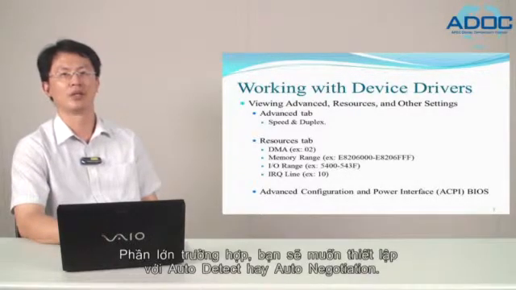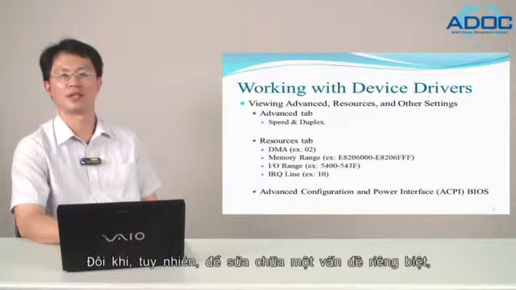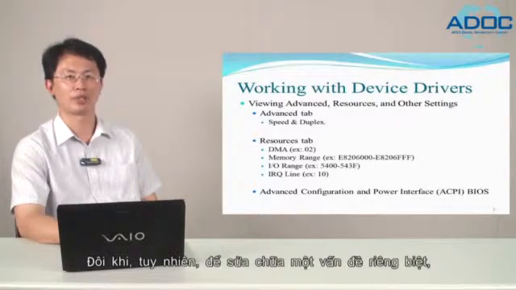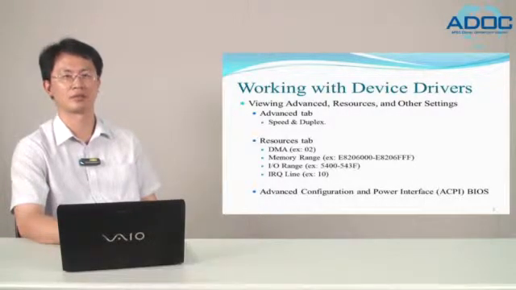Most of the time, you will want this set to auto detect or auto negotiation. Sometimes, however, to correct a specific problem, you must use a preset speed and duplex setting, such as 100 megabits per second half duplex or 1000 megabits per second full duplex.